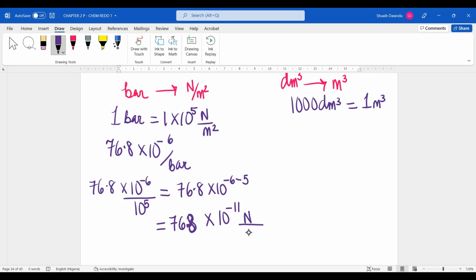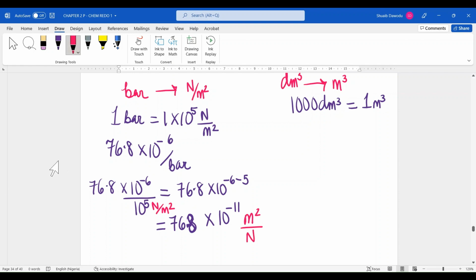Oh, I apologize. It's not going to be Newton per meter squared, because we have Newton per meter squared here. What this is telling us is that because we've reorganized this, we have to end up with 1 divided by Newton per meter squared, which is the same thing as meter squared divided by Newton.